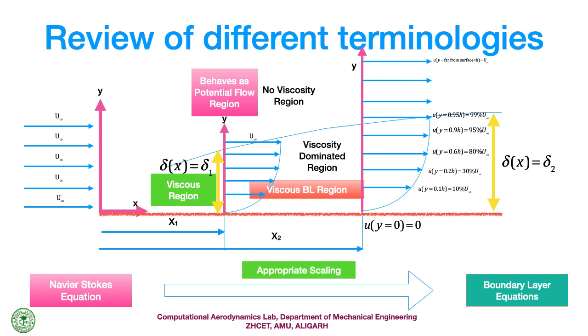Then we try to guess the order of magnitude, that means how the different terms are larger or smaller in comparison to each other, and by retaining the higher order terms, we get the boundary layer equation.